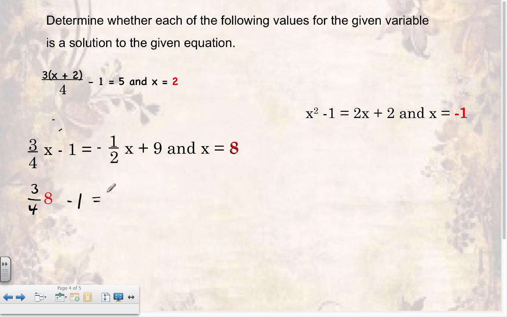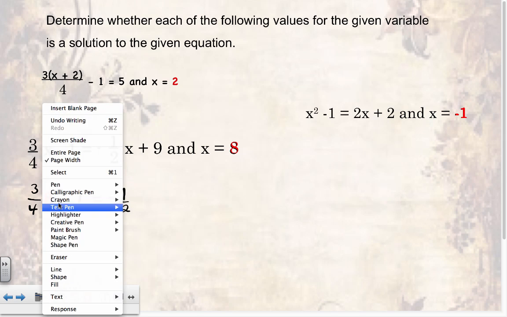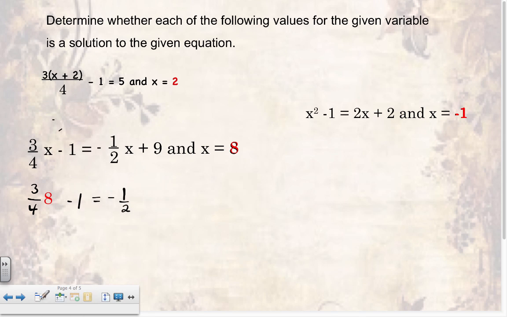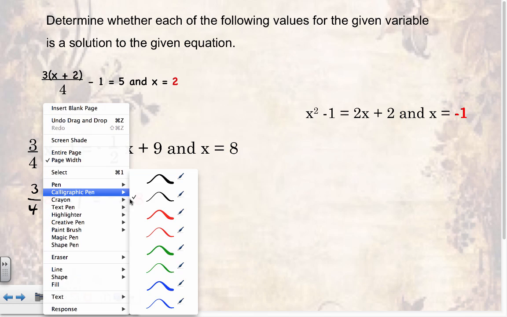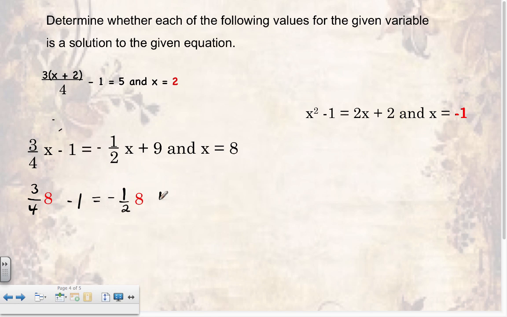Equals, careful, -1/2, and then in for x, they want me to put 8.